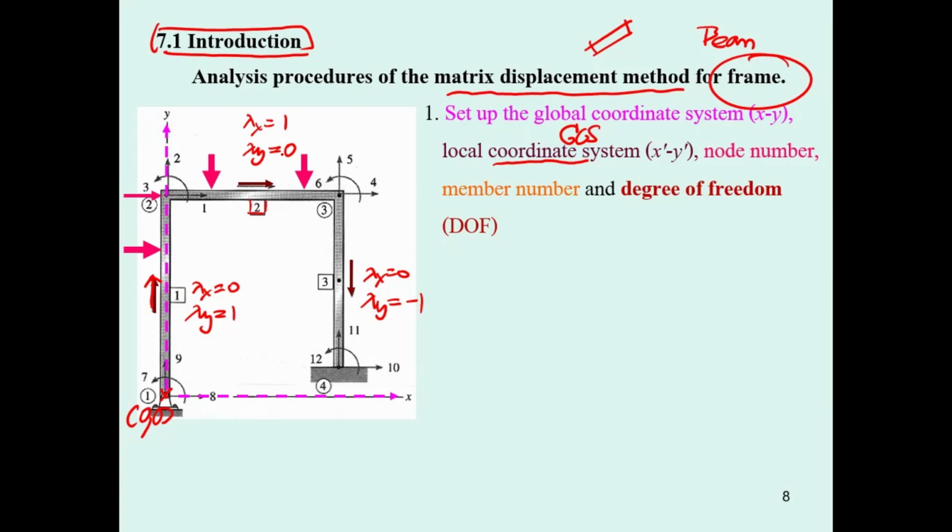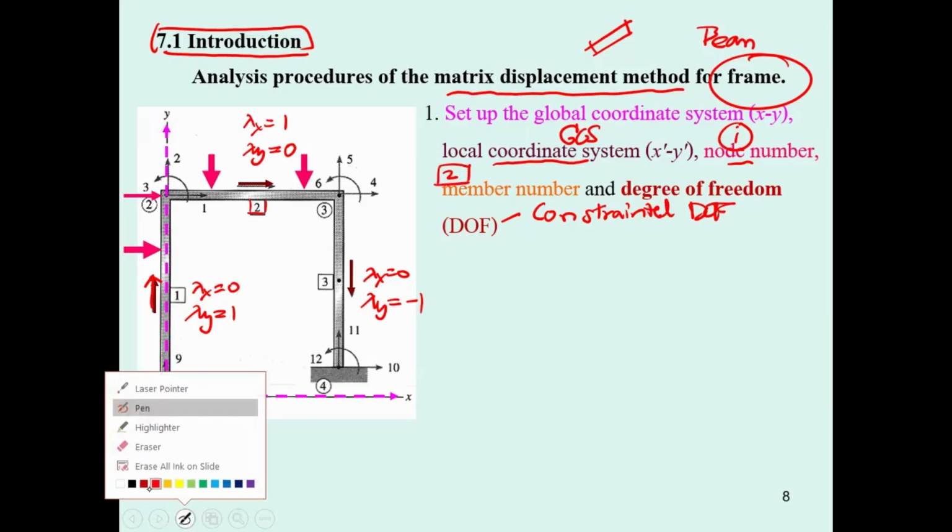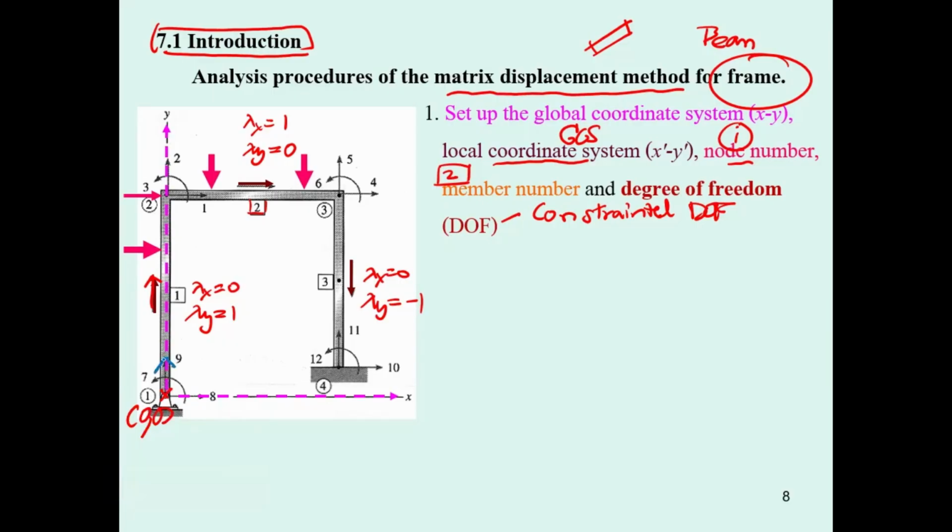Then the nodal number: you have the number with the circle. The member number, you just have the number with the square. The degree of freedom is separated into two portions. One is the constraint degree of freedom. This is the degree of freedom at the support of the structure, such as this one for the pin and this one for the fix.